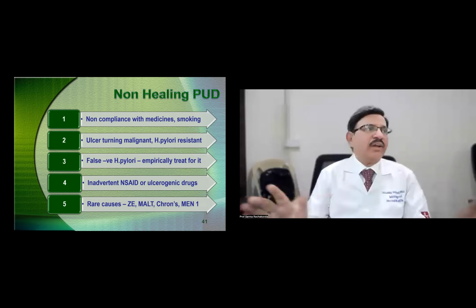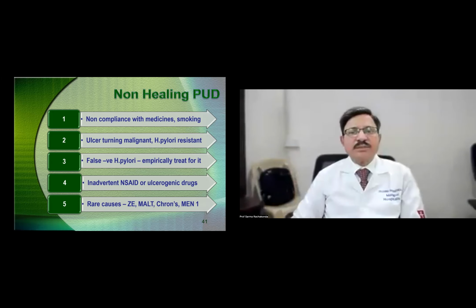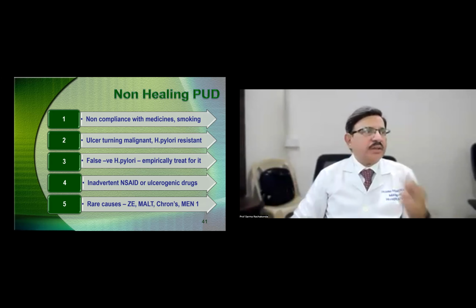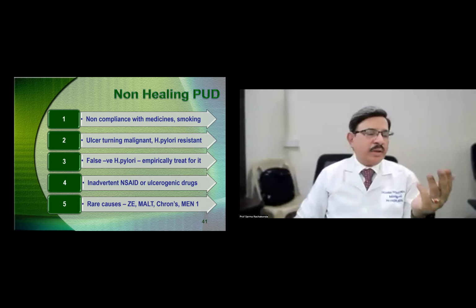Ulcers are not healing. What are the causes? First thing is he's continuing smoking. If the smoking is not stopped, smoking, as I showed you, it is ulcerogenic in more than one way. It decreases the bicarbonate secretion of the pancreas and the intestinal tract, thereby acid neutralization is not there.